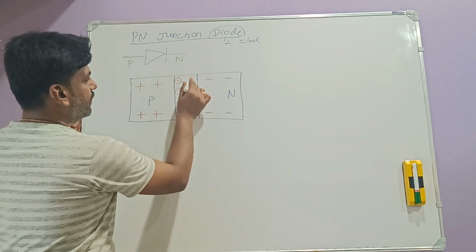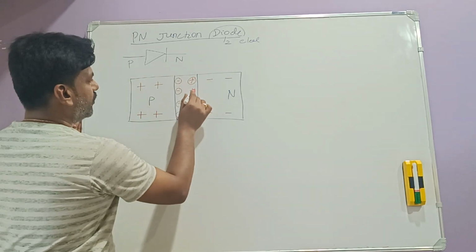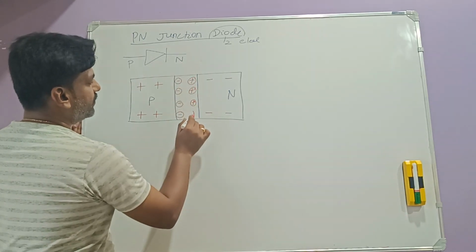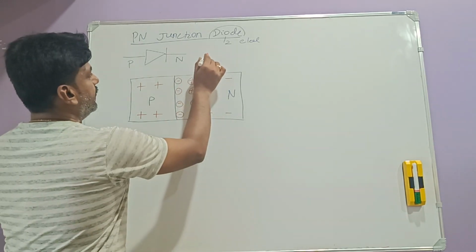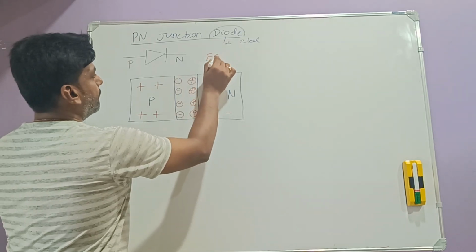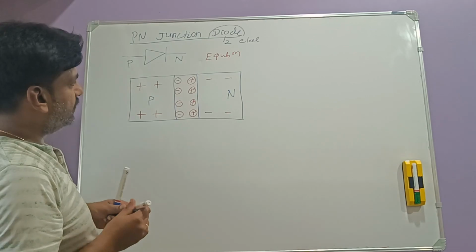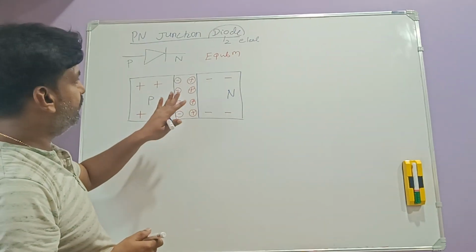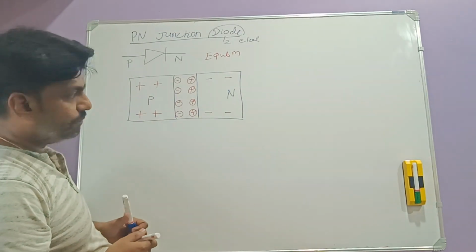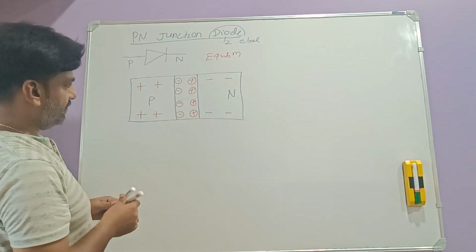In the N side, the positive ions are accumulated. Under which condition? Under equilibrium condition. Right? So for this construction of the PN junction, which has P and N type, we should give the biasing.